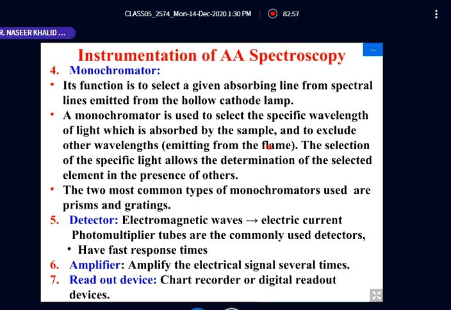During the de-excitation, some other energy levels and some other radiation from the flame are involved, so it will be different. In order to exclude these emissions from the flame, these wavelengths are not recorded with the help of the monochromator. The selection of the specific wavelength allows the determination of the selected element. This selection is our beauty.